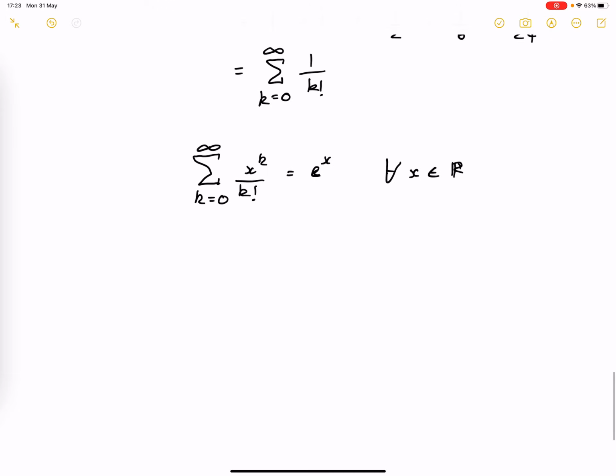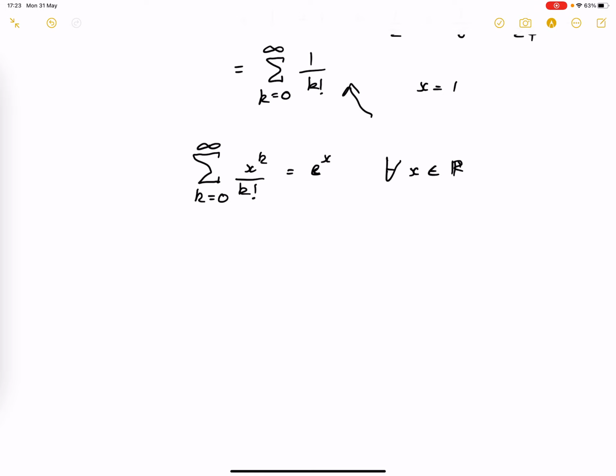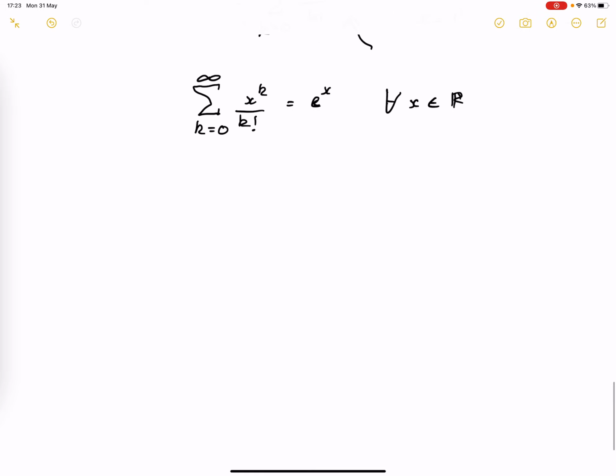And so applying this to our case up here, x is equal to 1. So if x is equal to 1, this is e to the 1, which is just e.